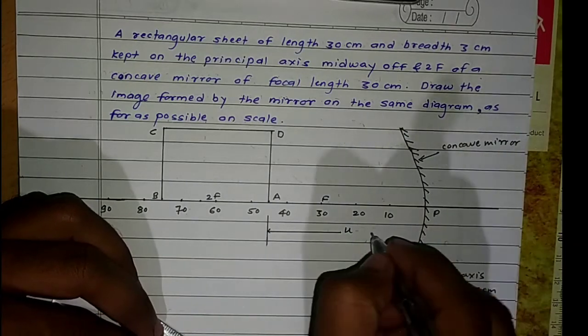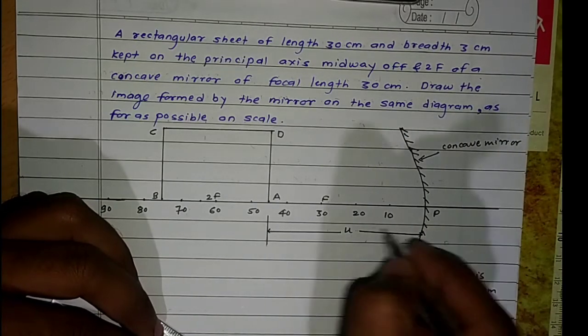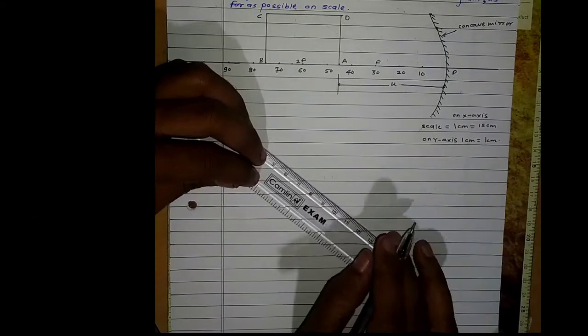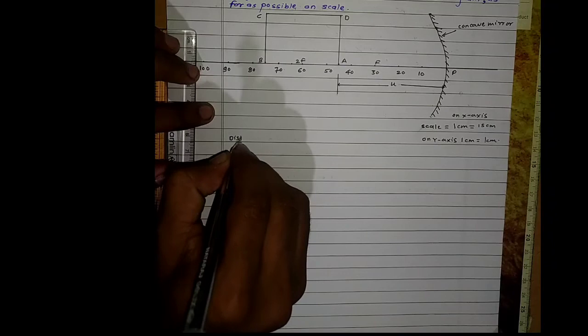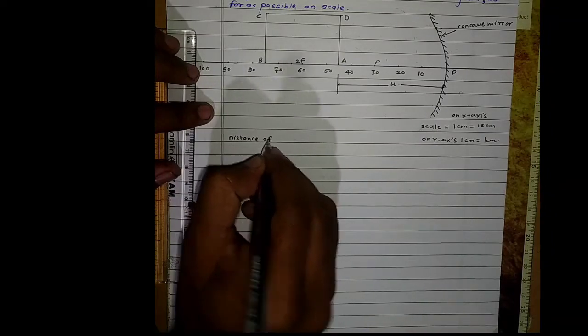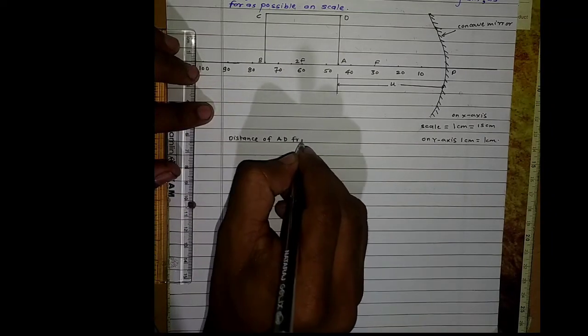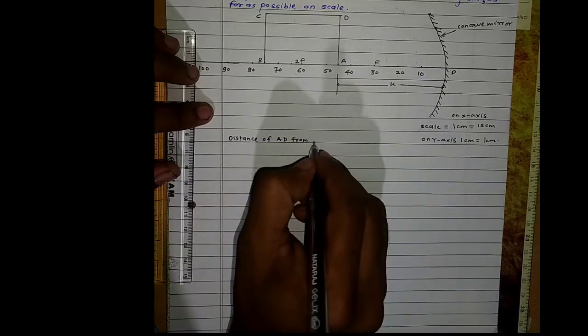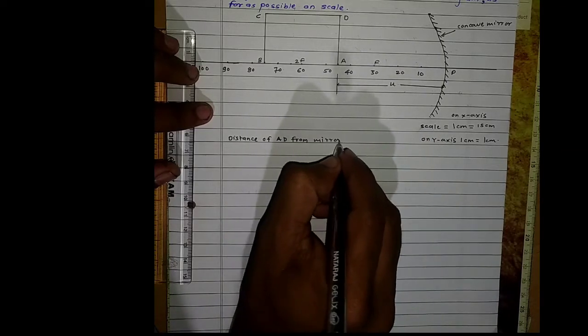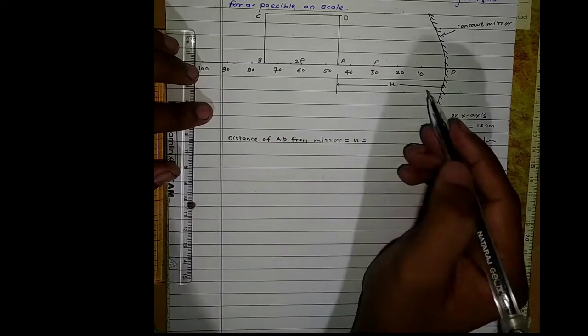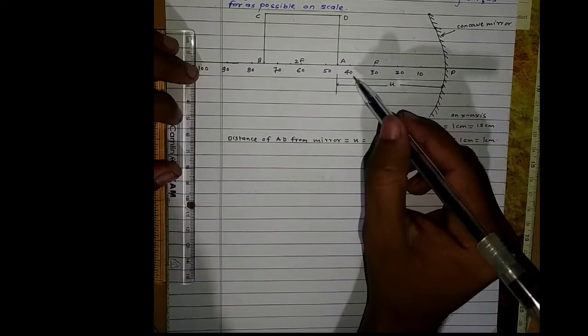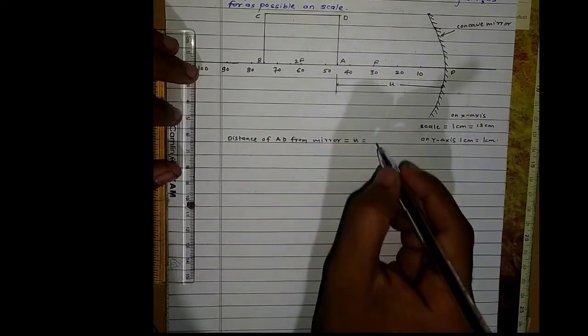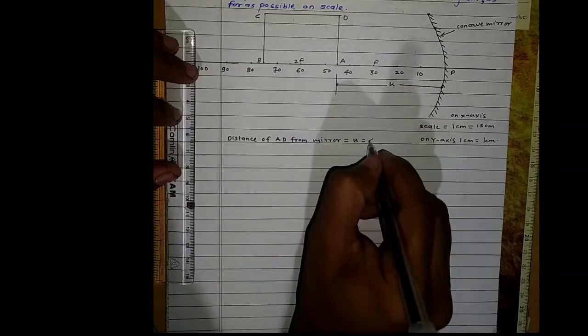Here it is the pole of the mirror. Okay, so it is denoted by the letter U. What is it? It is the distance of AD from the mirror, and it is 10, 20, 30, 40 and 45. It is midway between 40 and 50, so it means 45.